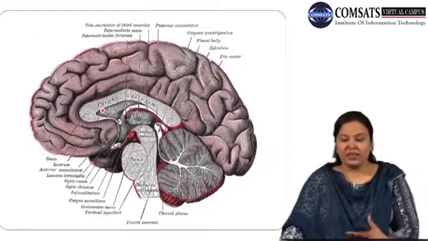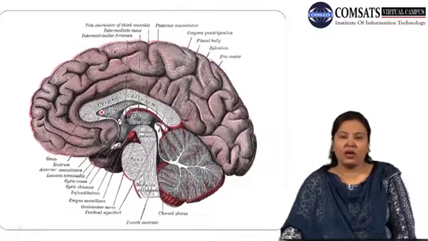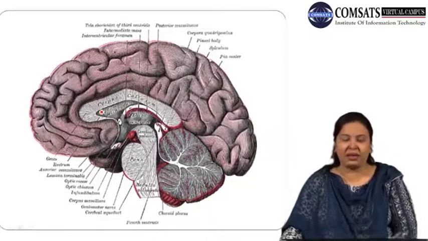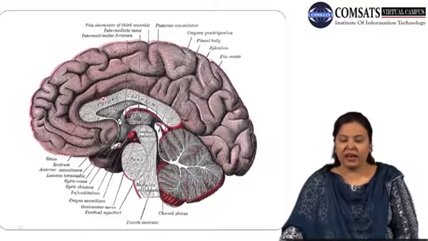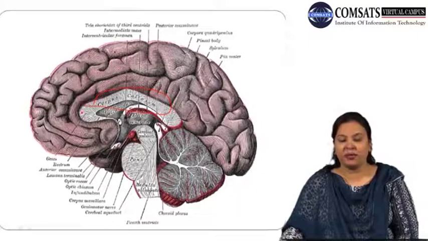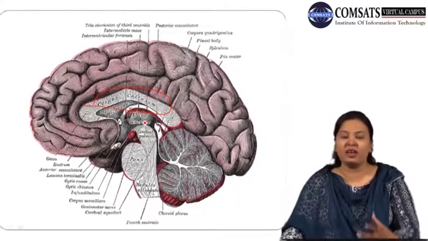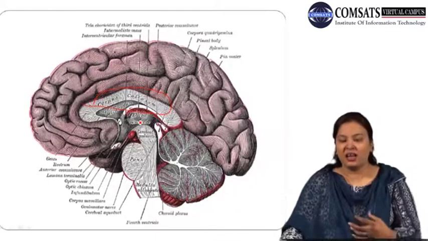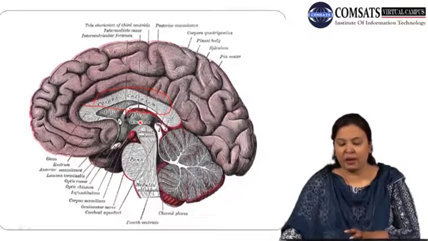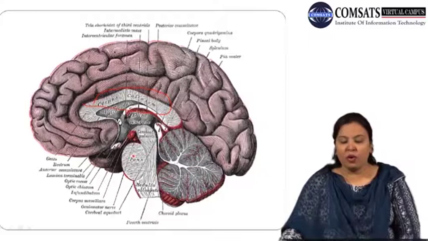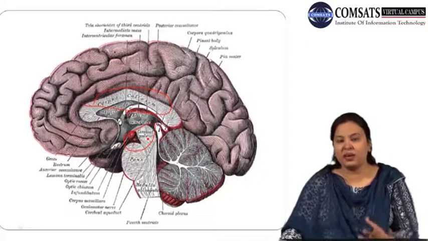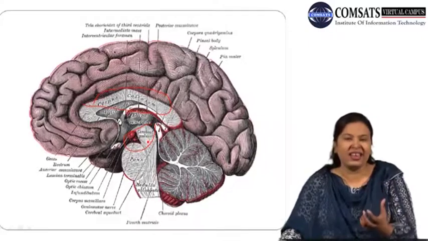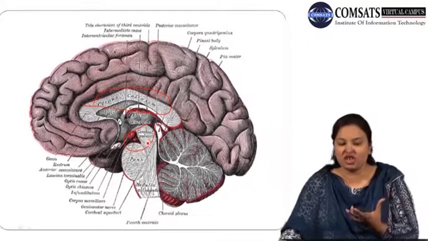So if you look at this figure, the different important parts of the brain are being highlighted, but the one that I have talked about is this, the corpus callosum. These are the bundle of nerves that connects the left hemisphere with the right hemisphere. And then below it we have the cerebral cortex, the gray structure.